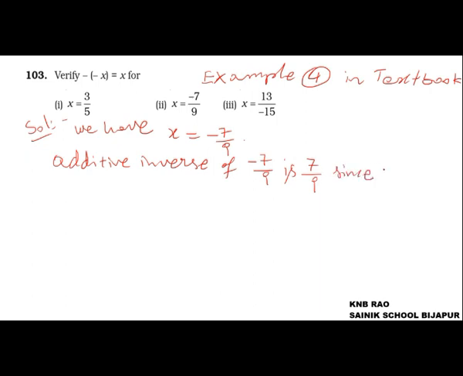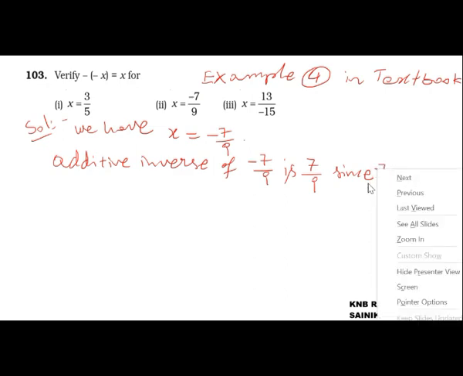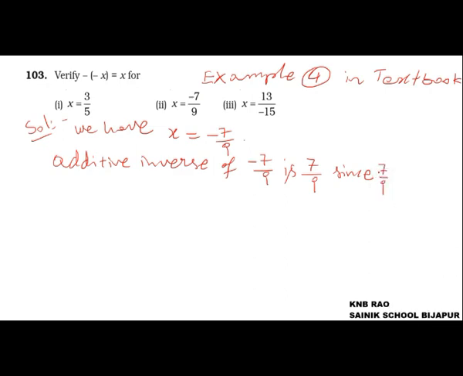since minus 7 by 9 added to 7 by 9 gives 0.